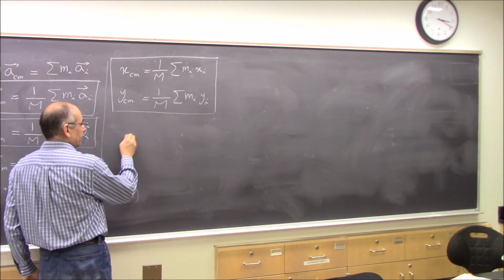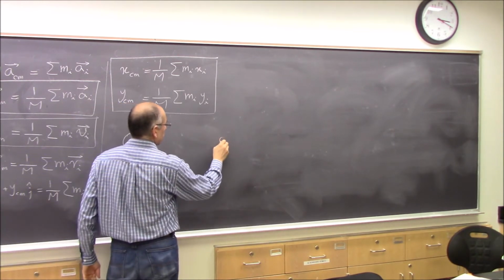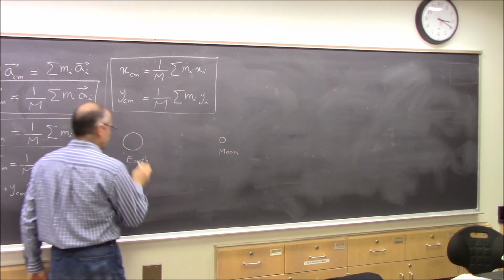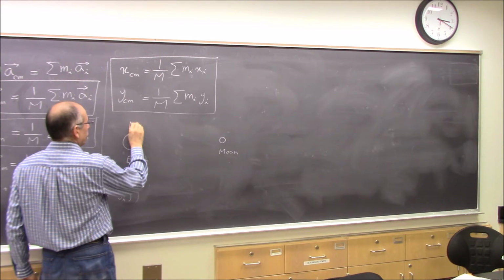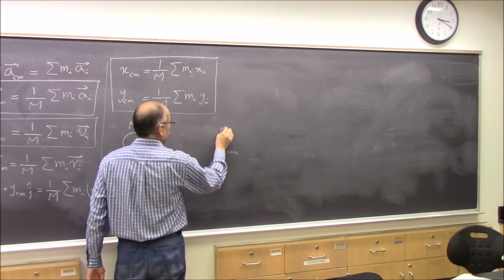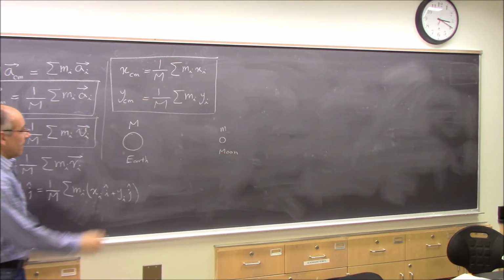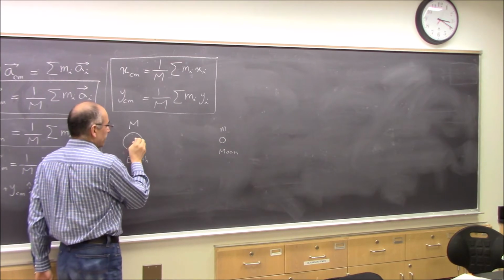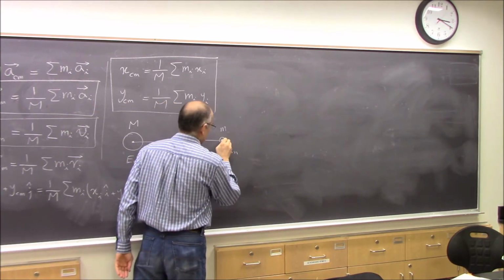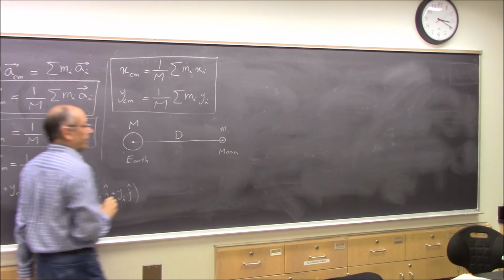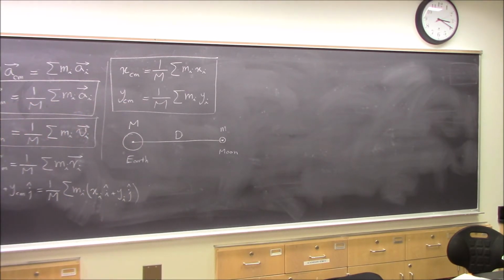Like this is the Earth and Moon some distance away. Let's say Earth has a mass of capital M, Moon has a mass lowercase m. And the distance between them, center to center, is some distance d. Where is the center of mass of Moon and the Earth?